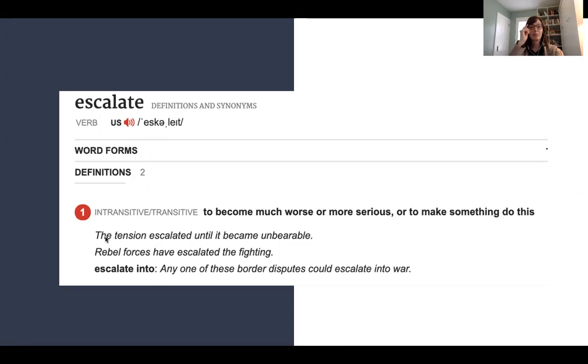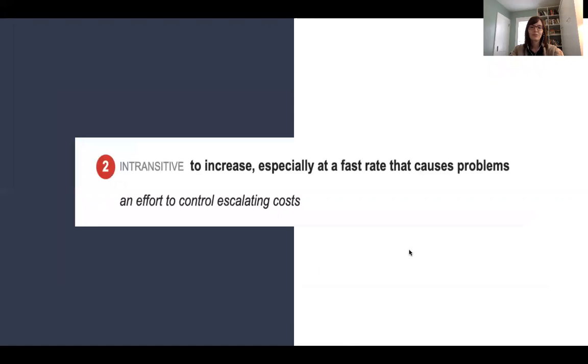So our examples: the tension escalated until it became unbearable. Rebel forces have escalated the fighting. Escalate into, any one of these border disputes could escalate into war. Okay, and the second, to increase, especially at a fast rate that causes problems. So an example, an effort to control escalating costs.